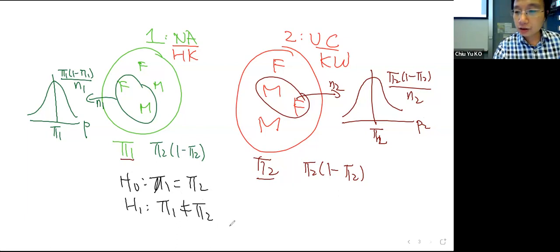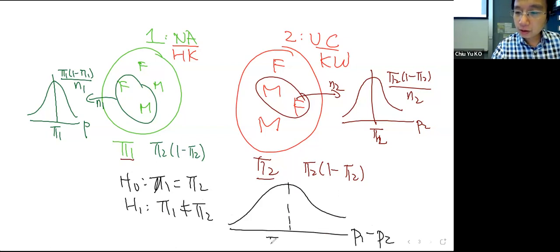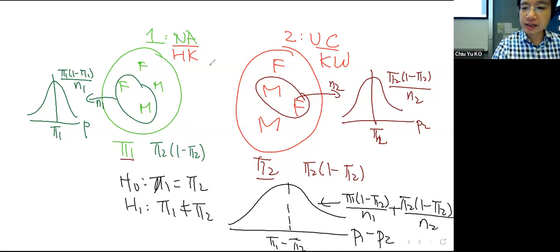So P1 minus P2 would just be a bell curve, centered at pi 1 minus pi 2, and the variance is pi 1 times 1 minus pi 1 over n1 plus pi 2 times 1 minus pi 2 over n2. Just add them up. The variances add up. That's how the formula is.